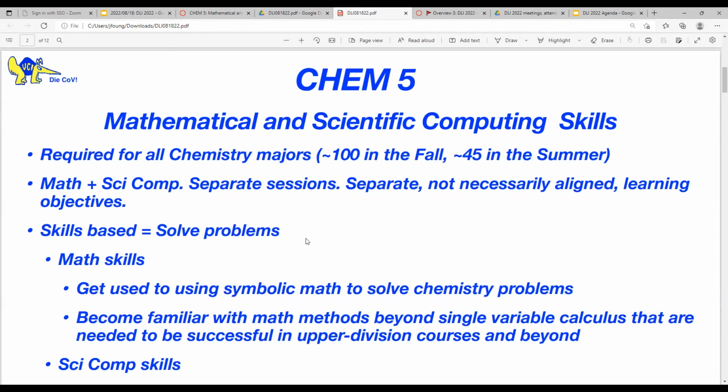So this is a class for chem majors, and it normally has 100 students in the fall, about half or less in the summer, and it's actually two classes in one. I won't go into the details. There is an actual math methods component, and then there is a scientific computing component, and they are separate.